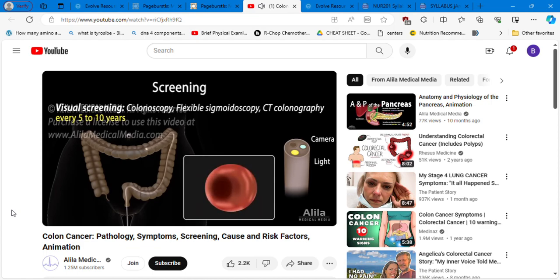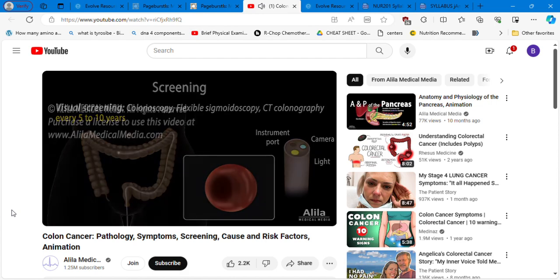If polyps or abnormal structures are found, surgical tools are passed through the tube to remove polyps or take tissue samples for analysis. Typically, any polyps found in the colon are removed during colonoscopy and examined for precancerous changes, known as dysplasia. If high-grade dysplasia is detected, a follow-up colonoscopy is required to monitor the condition.